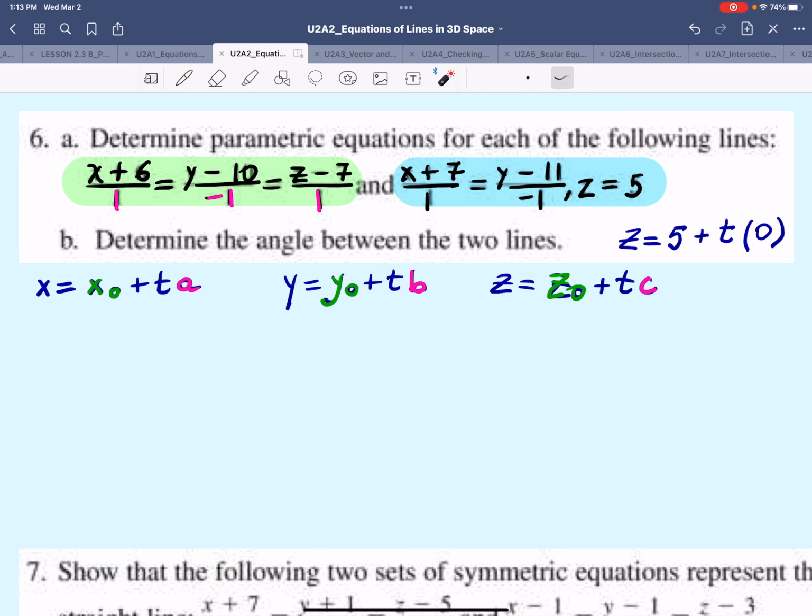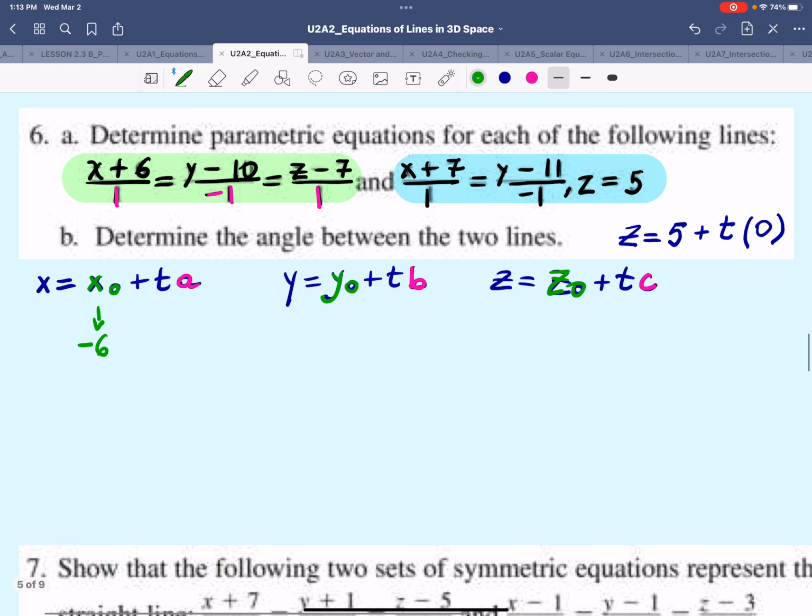So we must have had in here x minus a -6, and that's how the 6 was produced in here. So we're going to write -6. For y0, we must have subtracted a +10, so that makes y0 here 10. And for z, we have subtracted a 7 here, which means that z0 must have been 7.